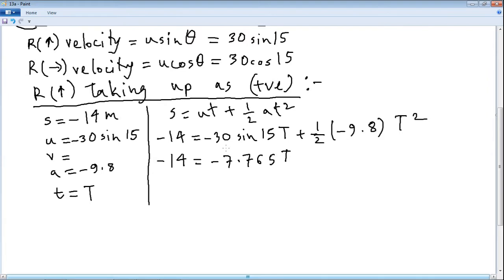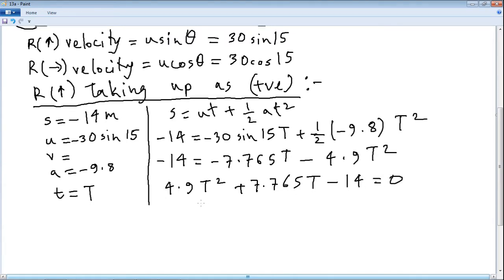The value of minus 30 sine 15 is minus 7.765, you may calculate it. And half times minus 9.8 is minus 4.9 t squared. Let us bring all these values to the left hand side, so this becomes positive: 4.9 t squared plus 7.765 t minus 40.